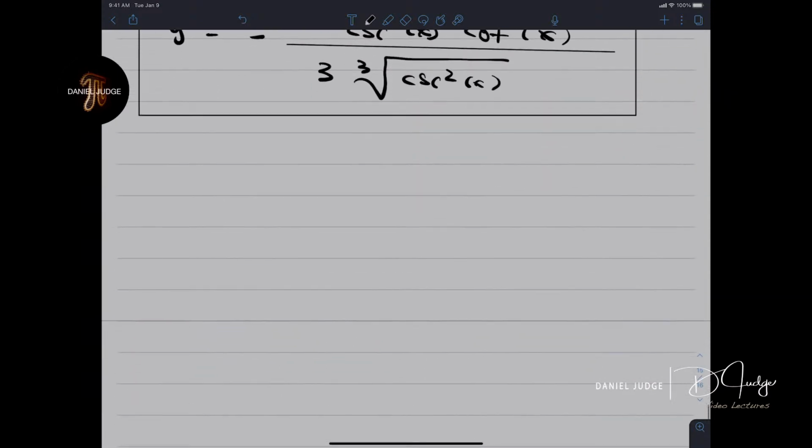Number 35. Y equals 1 plus x to the 4th raised to the 2/3 power here.